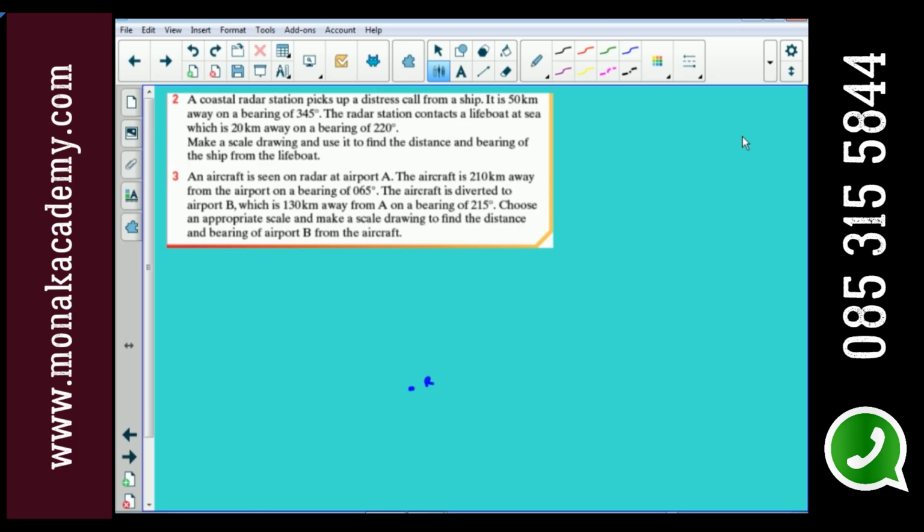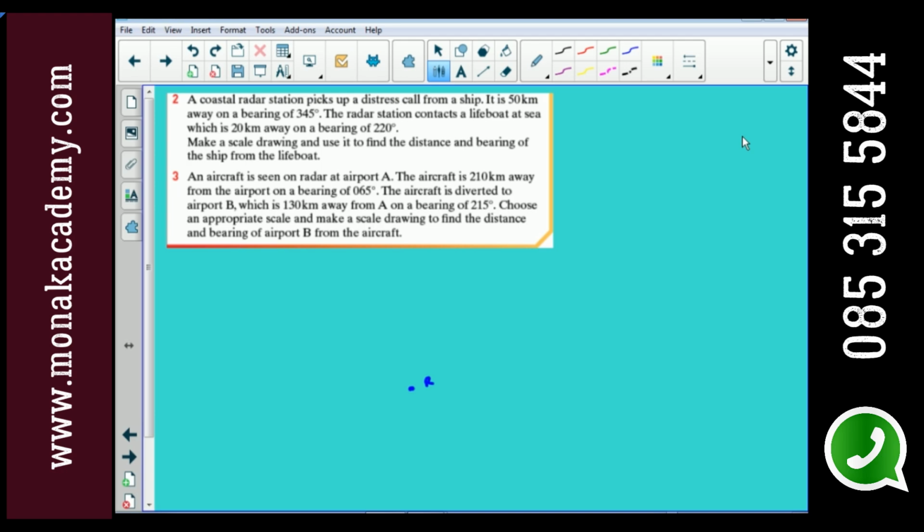So let's see if we apply the correct principles. First thing, our points are simple. Just put a point anywhere you want. There's no rule there. Now, the next thing is, they pick up a distress call from a ship.